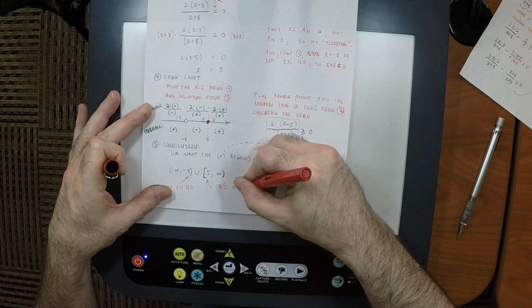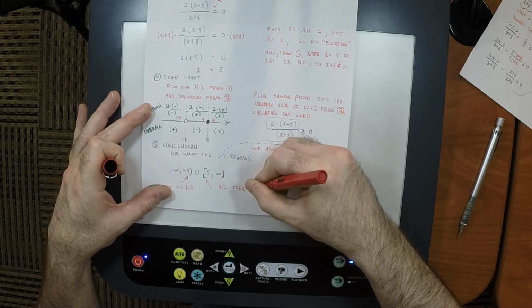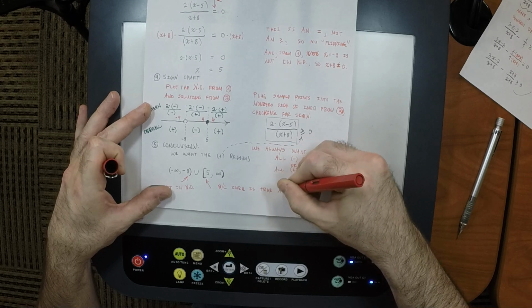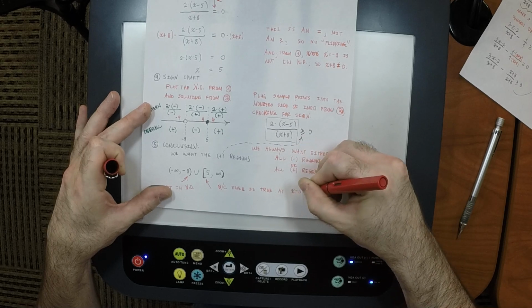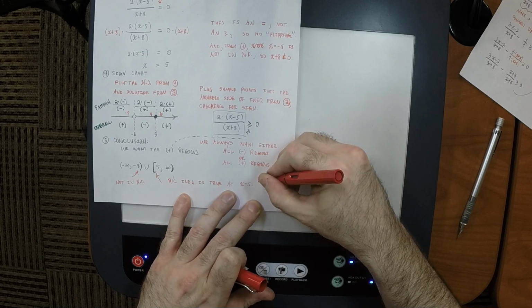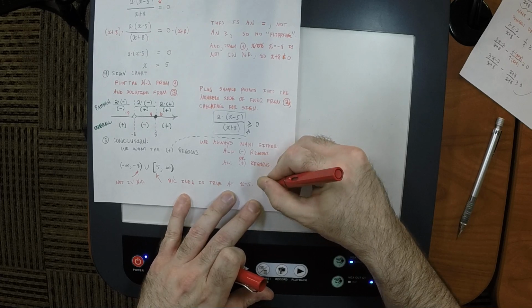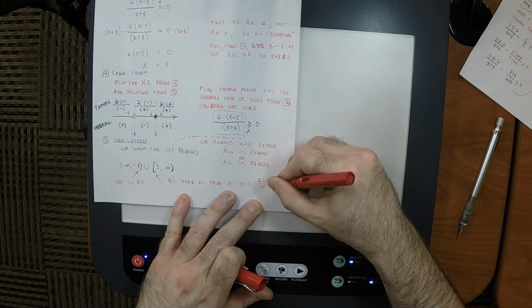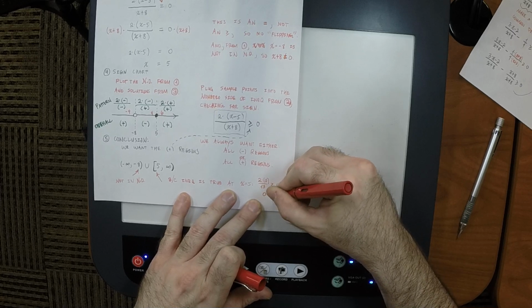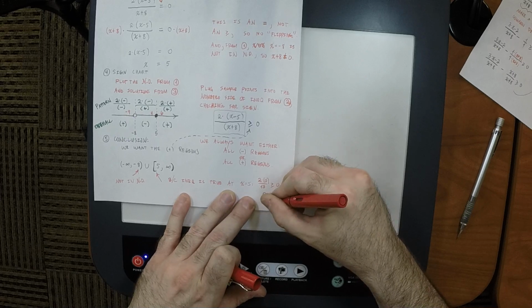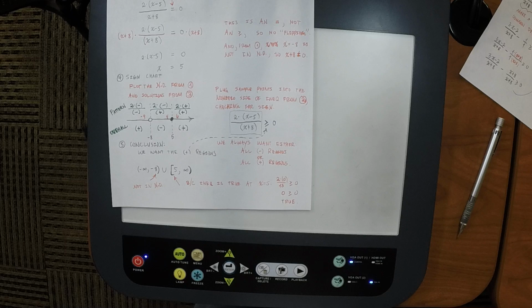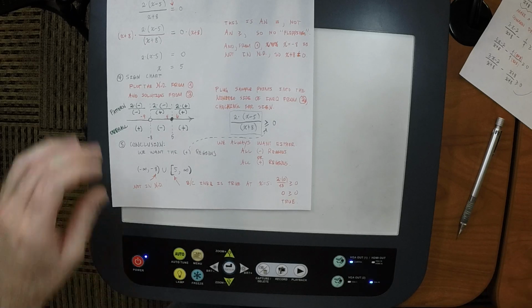Because the inequality is true at x equal 5. Specifically, it would look like this: 2 multiplied by 0 over 13 greater than or equal to 0, so the inequality reads 0 greater than or equal to 0, which is true. And we're looking for all the points where the inequality is true.